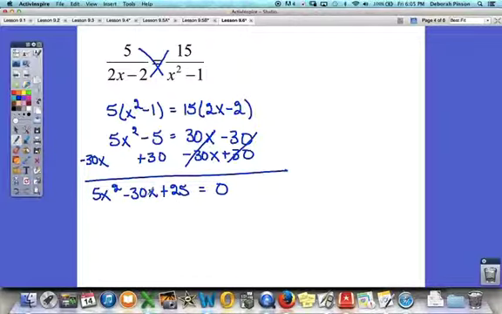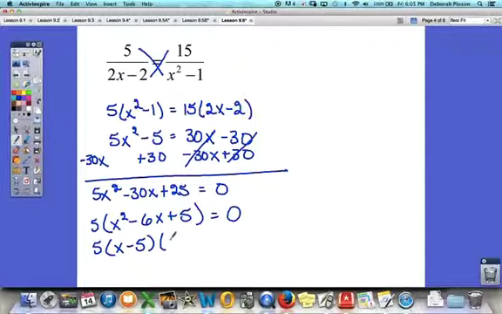This is what I need to go through and factor. I think I can pull out a 5, so I'm going to start by doing that. And then I'll factor this thing. All right, so let's see. Minus 5, minus 1, which means my answers are 5 and 1.